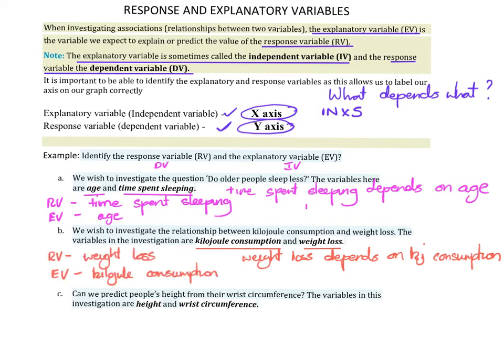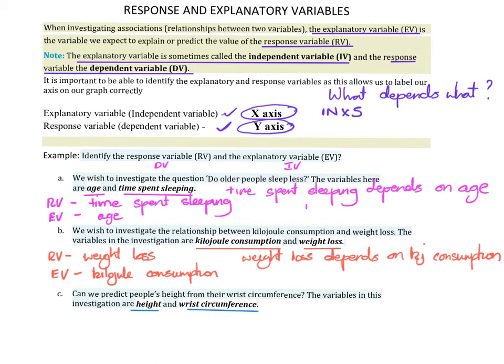Last situation here, we are trying to predict people's height from their wrist circumference, and in fact this is something that actually does happen. So the two variables here are height and wrist circumference. Again, we ask, what depends on what?